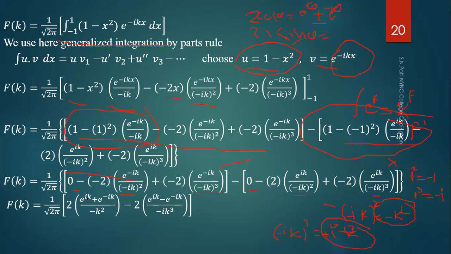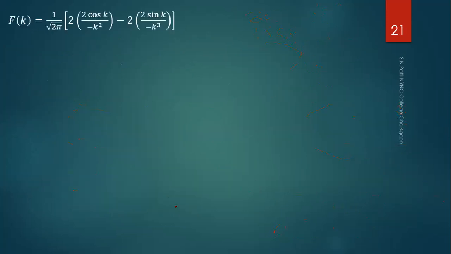Now see, e raised to iθ plus e raised to minus iθ is 2 times cos θ, and this is 2 times i sin θ, and this i cancels, we cancel i. So here 2 into 2 is 4. Take minus 4 as common.